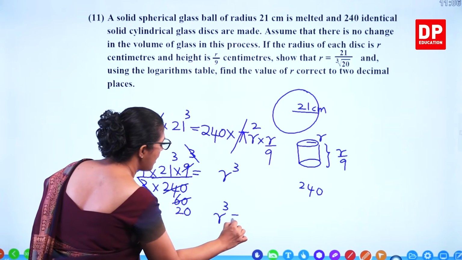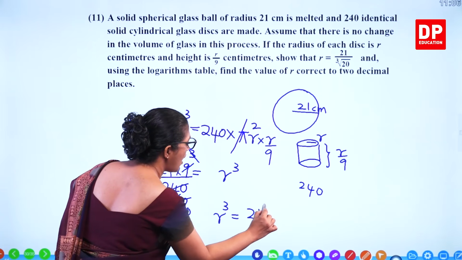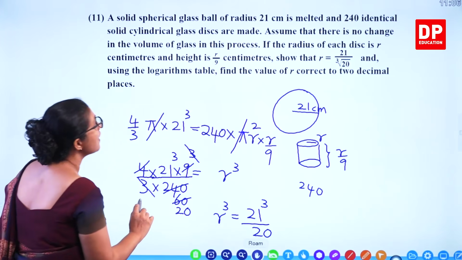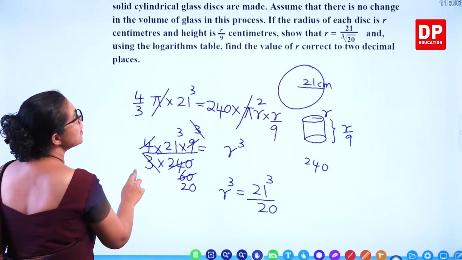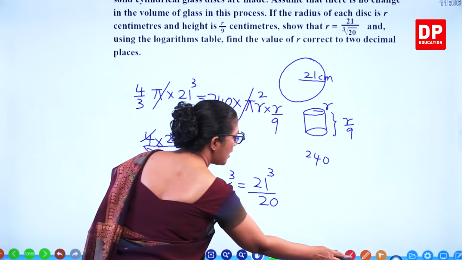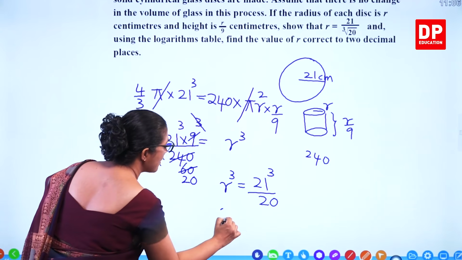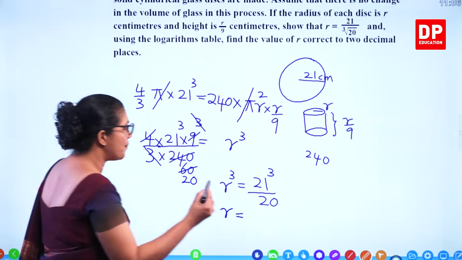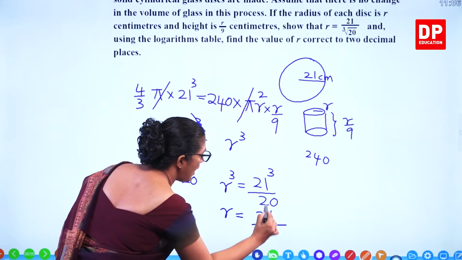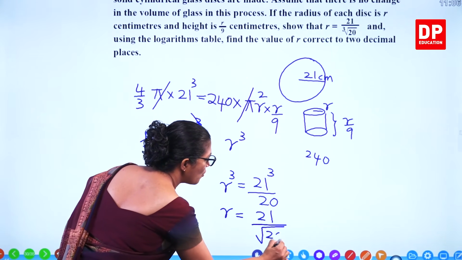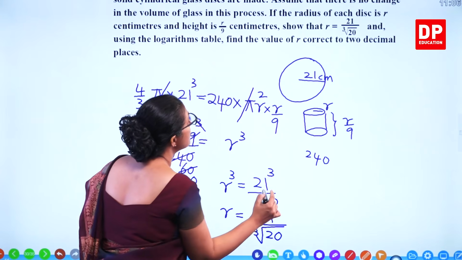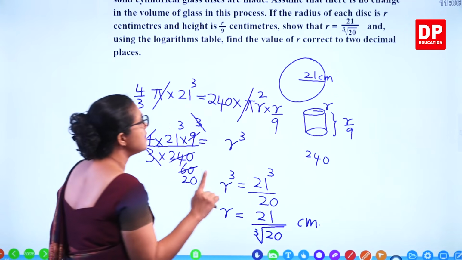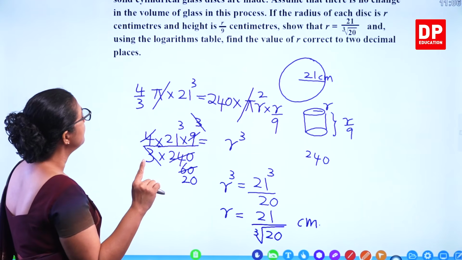You get r cube is equal to 21 cube over 20. So when you take the cube root, you get 21 in the numerator. So r becomes cube root of 21 cube, that's 21, and this part you get cube root of 20. So this is in centimeters. So that's the radius of the cylinder.